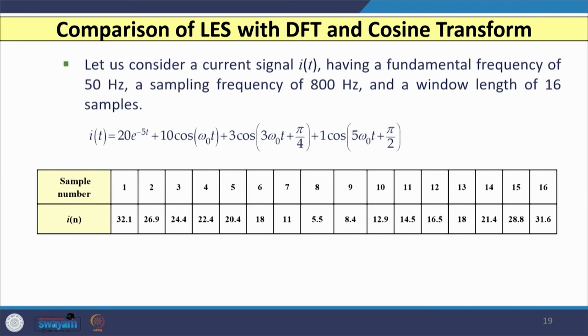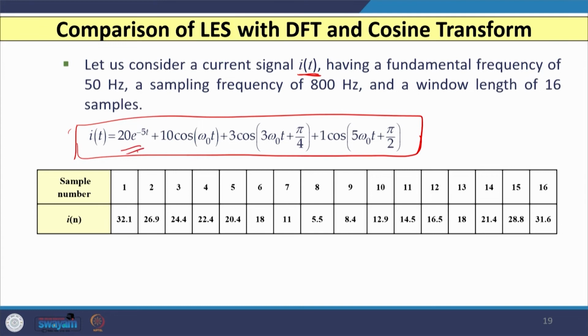Now, to compare the performance of this LES technique with DFT and cosine transform, let us consider a current signal I(t), which is given by this equation. This equation contains a DC term, the fundamental component, the third harmonic as well as the fifth harmonic, and this current signal is acquired with a sampling frequency of 800 hertz having fundamental frequency 50 hertz.